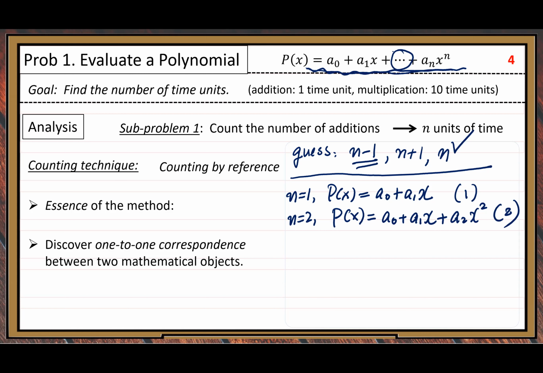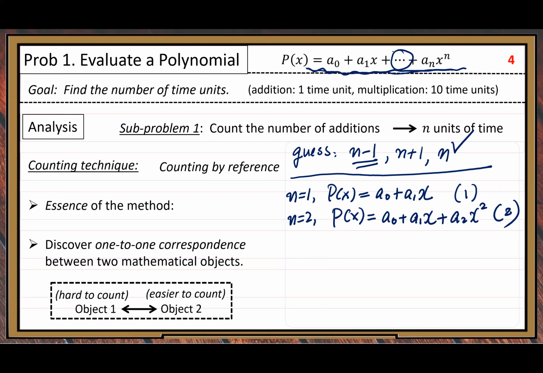Then use the number of object 2 as the number for object 1. How about this idea? This method is called counting by reference. Now, let me show you how to do the counting here.